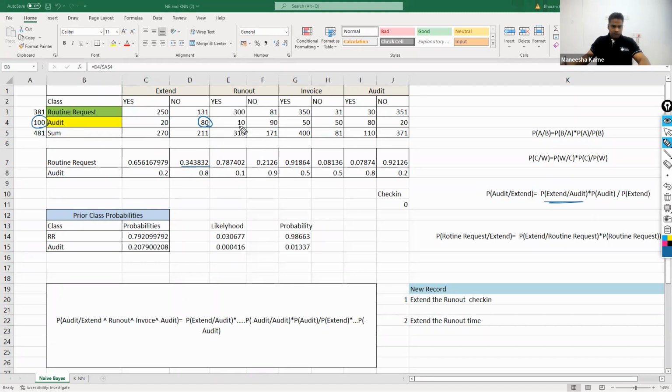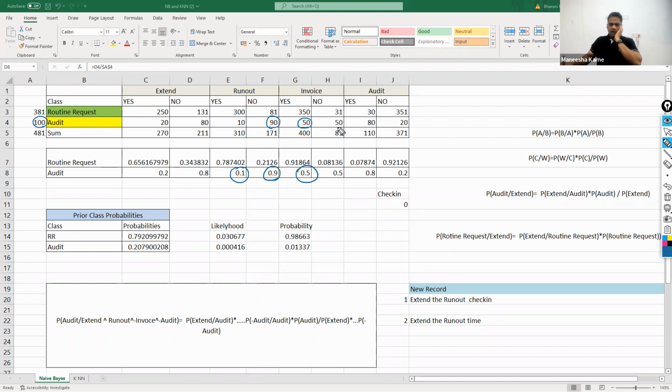What is the probability that you have the word run out, given that it is an audit request? Is so much. What is the probability that you do not have the word run out, given that it is an audit request? Is so much. What is the probability that you have the word invoice, given that it is an audit request? Is 50 by 100.